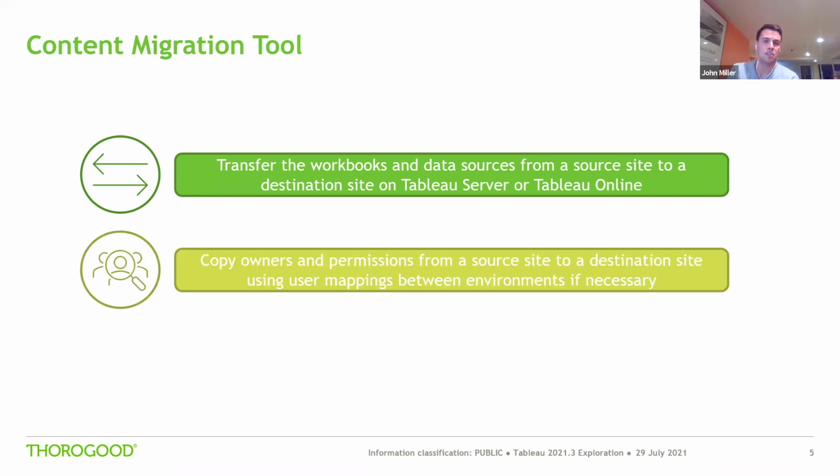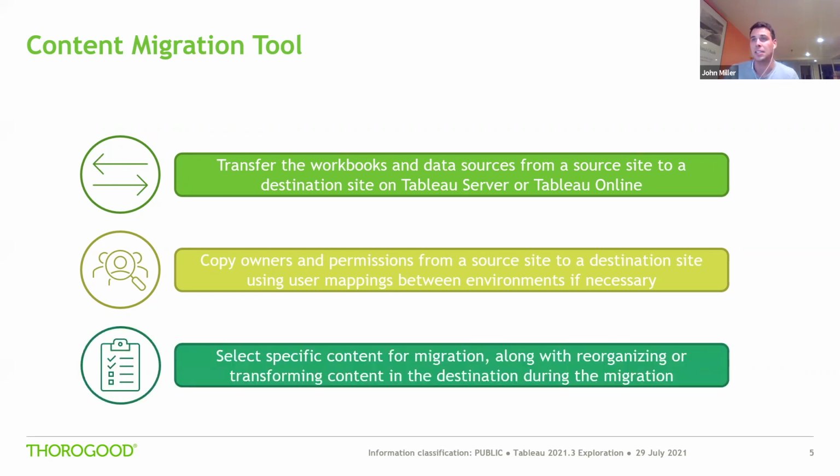The content migration tool allows you to retain the owners and permissions from your source and your new destination. So that can alleviate the headaches of having to grant users the appropriate permissions again every time you move where you're storing the workbooks and data sources.